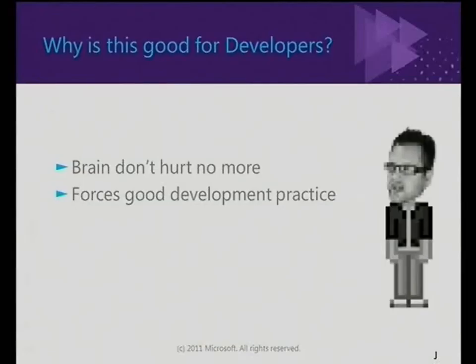The really important point about all of this, though, is it forces good development practice. So we're looking at a few patterns today that I think all projects should use anyway, but because we have to build our projects in a certain way to actually get this parallel workflow to pay off and to enable Alex to go and build applications in Blend when I might not have written the code yet, we have to use certain development practices and patterns.